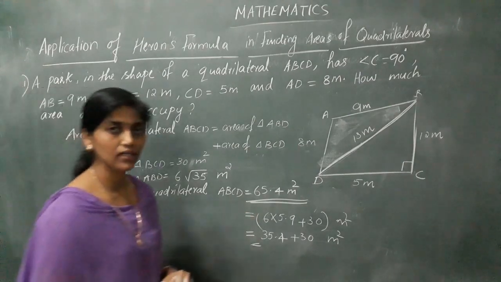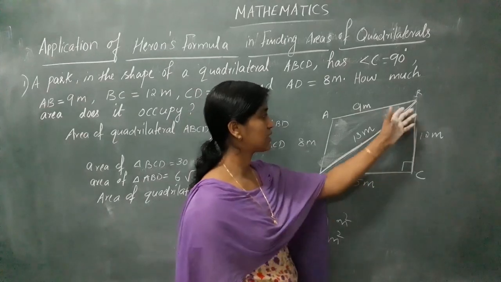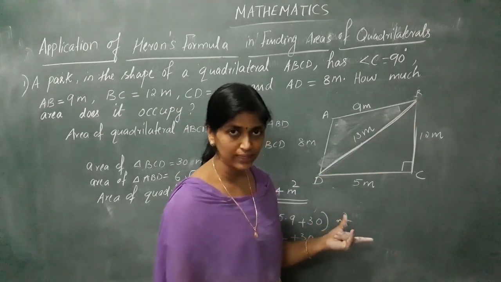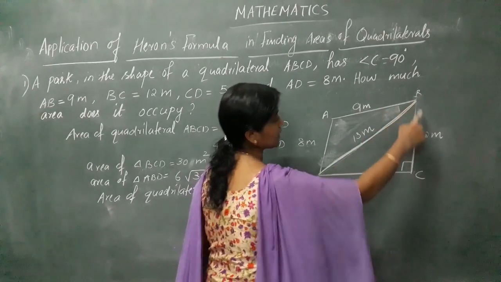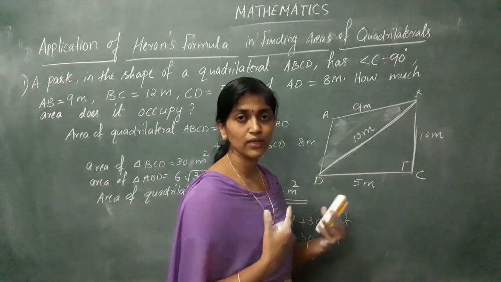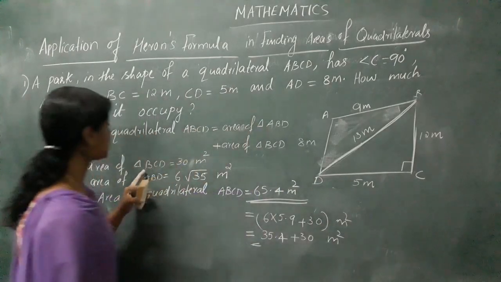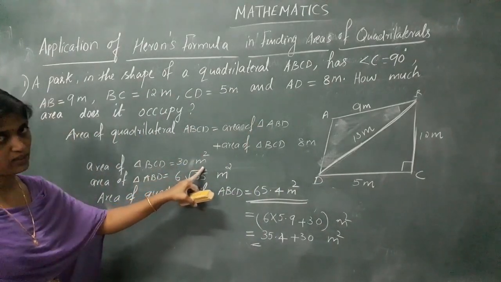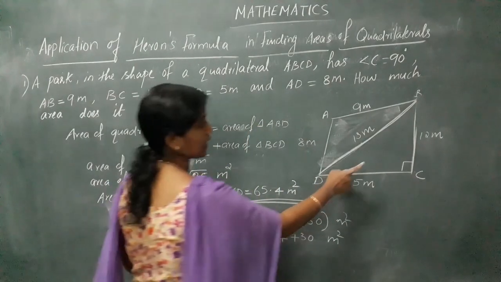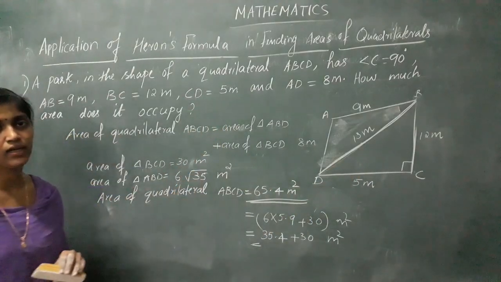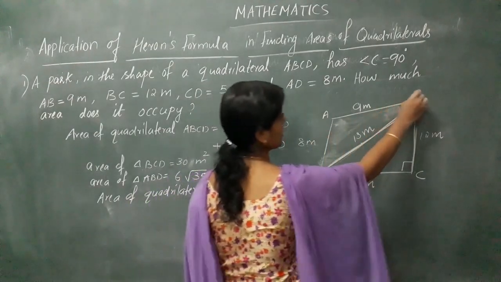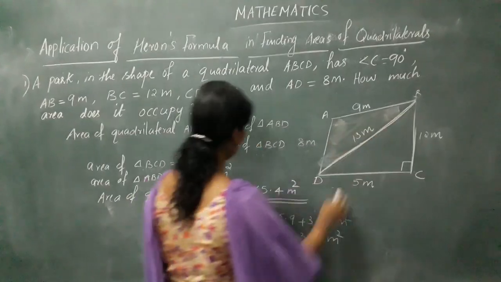So what we have done here: we first divided the quadrilateral into two triangles. One of the triangles is a right angle triangle, so you can find the area using half base into height. So I got the answer as 30 meter square. Clear? The next one, we have to find the area of the triangle ABD.